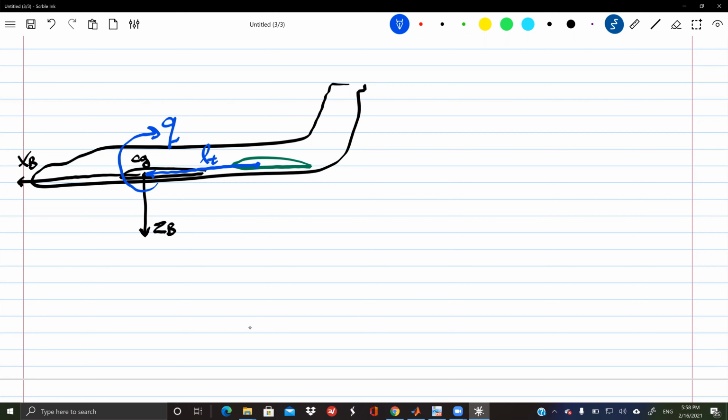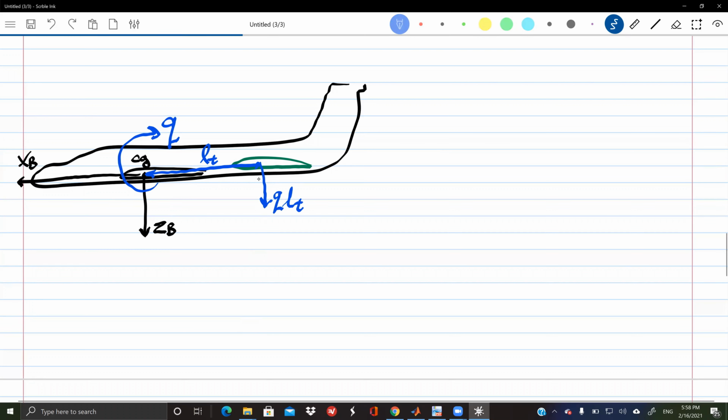If you have a body that is rotating by an angular velocity, any point offset from the center will move. So the entire horizontal tail will move down by a tangential velocity omega R, where my omega is Q and the radius is L tail. So this is the downward velocity of the horizontal tail, Q L tail.